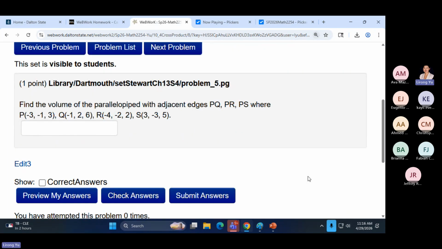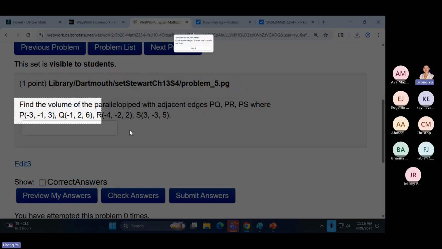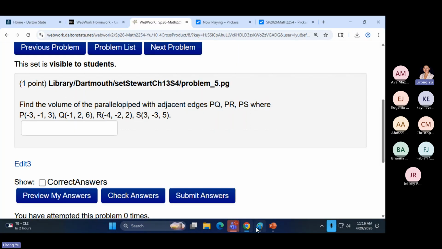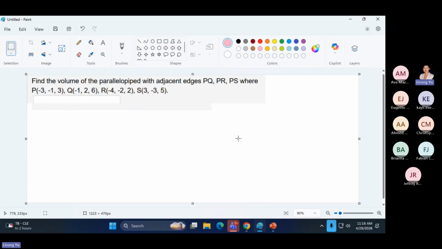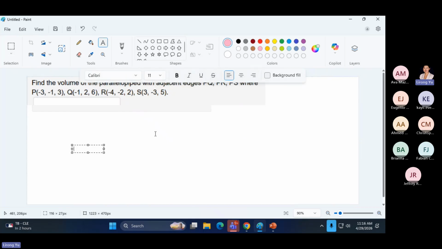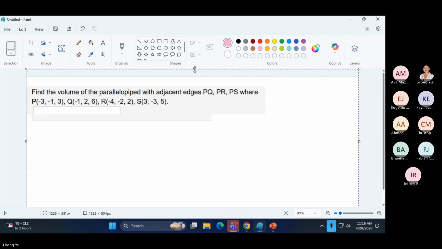Make it clear which vector you're working on, because you might be using the wrong vector. For example, in this question, P, Q, R, S are not vectors, they're just points. So we have to find the components that represent the vectors.